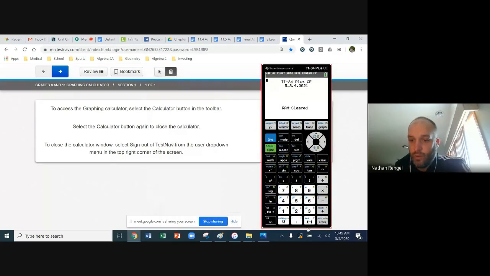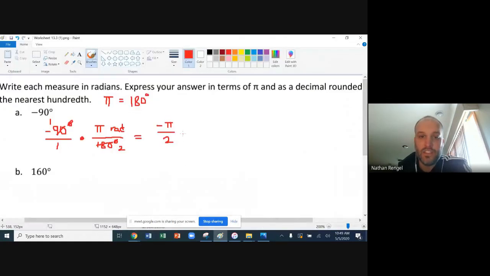So we'll hit negative, the pi button is your power button above the divide, second, hit the power button, divide that by 2, and we're going to get about negative 1.57. So there's our amount of radians as a decimal, negative 1.57. So there would be our two answers.